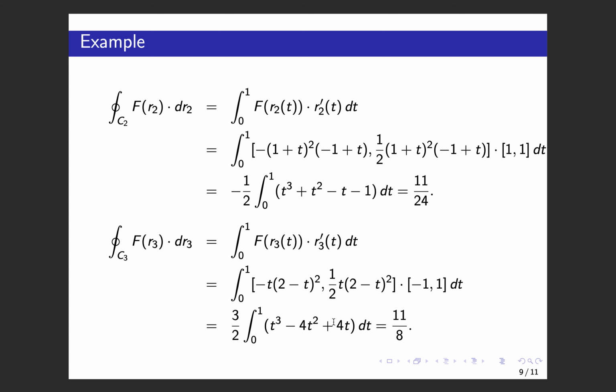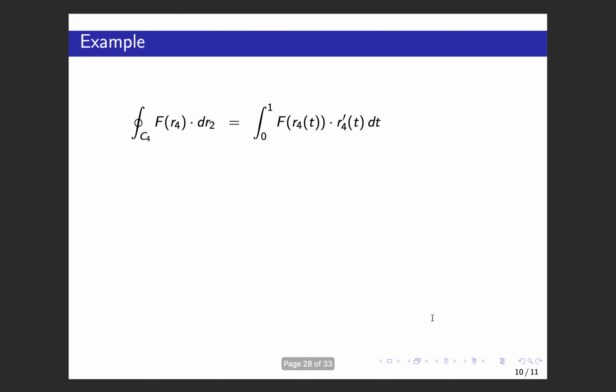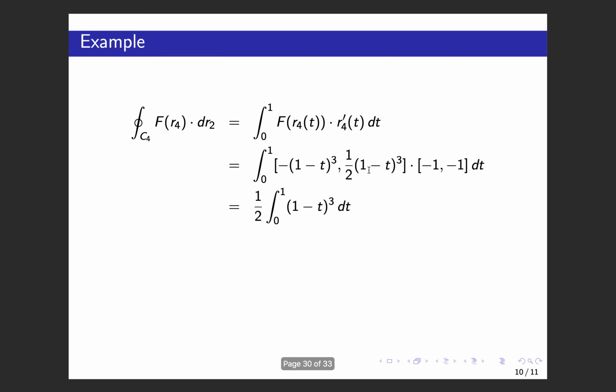Evaluating, you get 11 over 8. The same thing for C4: evaluate f of r4, then the dot product with minus 1, 1 dt to get one half the integral from 0 to 1 of 1 minus t cubed dt. And then evaluating the integral, we get 1 over 8.